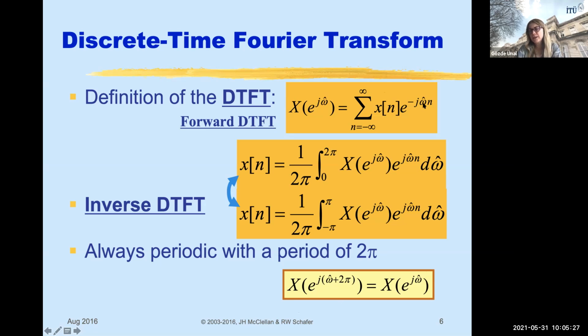Add 2 pi to omega hat, because e to the j 2 pi n is 1, right? It's on, remember, the unit circle in the complex plane. That's 1. So I would end up with the same spectrum. That's what it's trying to show. We've all, I think, shown this before.